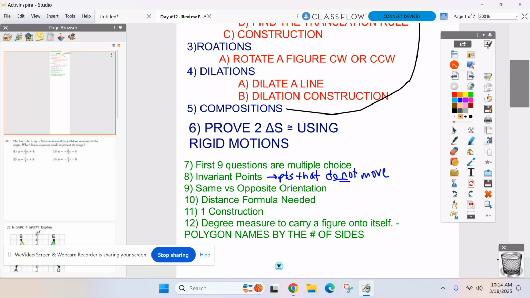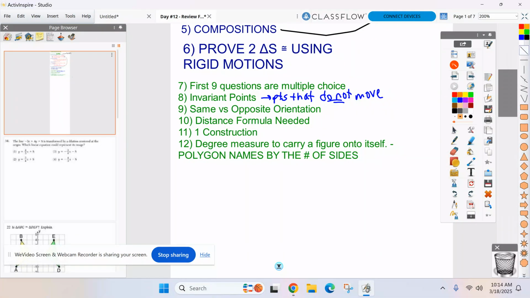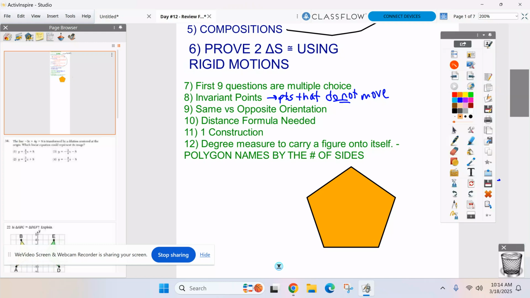And then finally, I'm going to ask how many degrees rotate a figure to carry it onto itself. Just a reminder, let me use one that won't be tomorrow. That's a regular pentagon up here, kids. How do you find the number of degrees so I get that same looking pentagon in that same spot of the television again? 360 divided by 5 rotations, good.